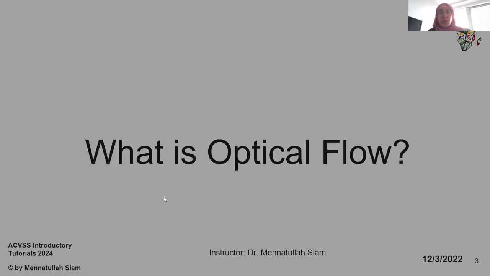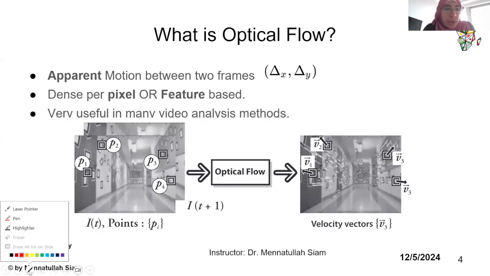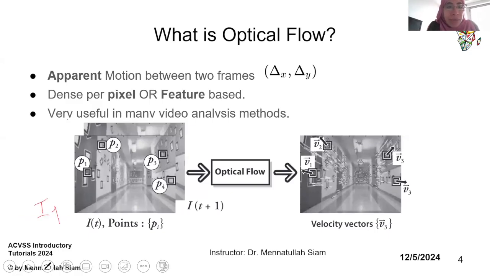So what is optical flow? It describes the apparent motion. So if I have here frame 1 and frame 2, it will tell you the motion between these two frames. You can estimate it at certain points, let's say we have corners.